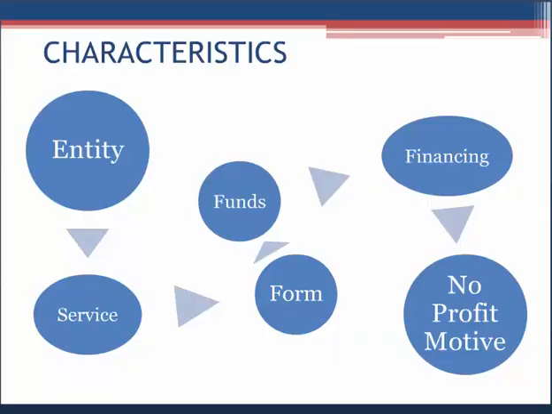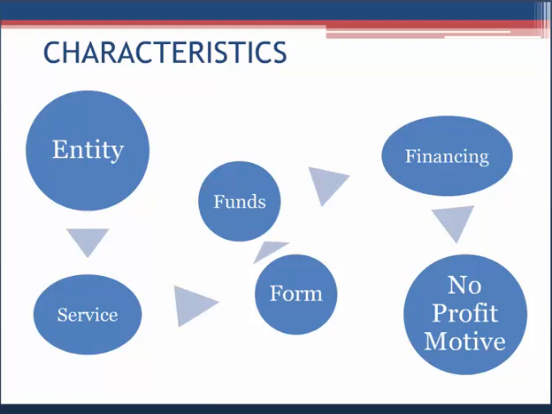Funds. Now they may gather the funds from donations, from government helpings. Financing is exactly the same. Financing of an NPO is taken up from donations that we receive, or some people leave legacies behind, so that's a form of financing.